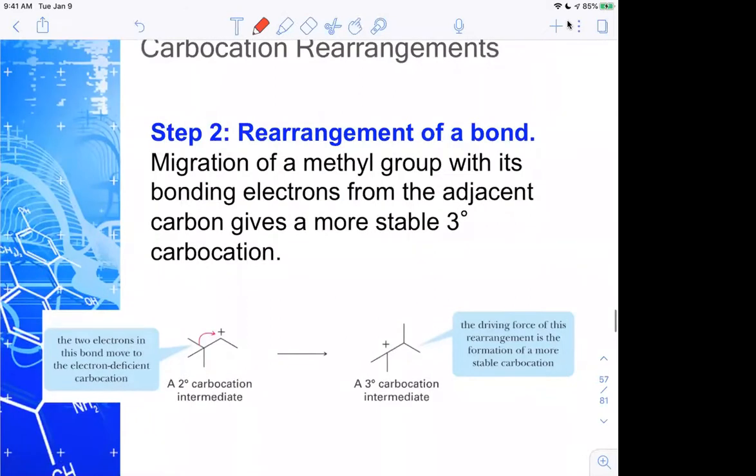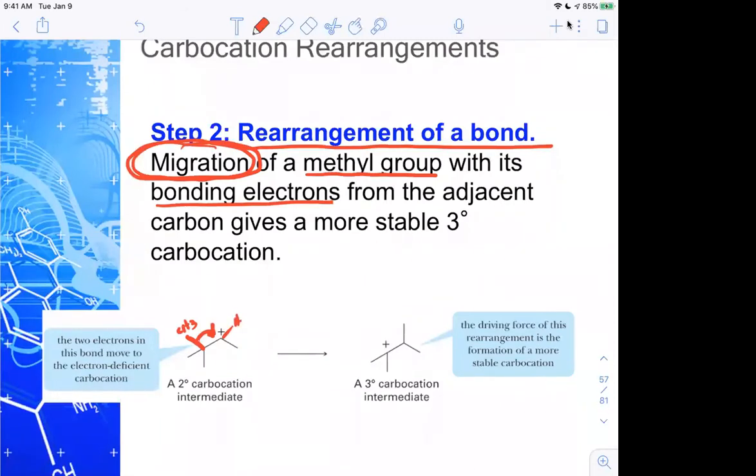What I'm going to get now, though, is a rearrangement of a bond. One of my methyl groups actually migrates. And this migrating group can either be a methyl group, an alkyl group, or a hydrogen. It takes its bonding electrons with it. And the driving force is to form a more stable carbocation. So this whole methyl group migrates.